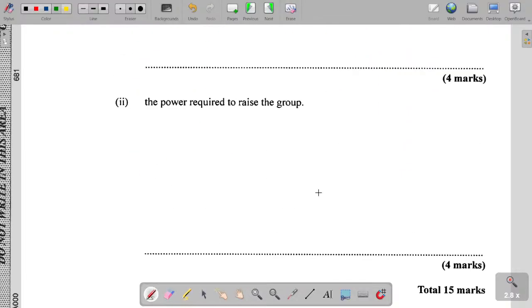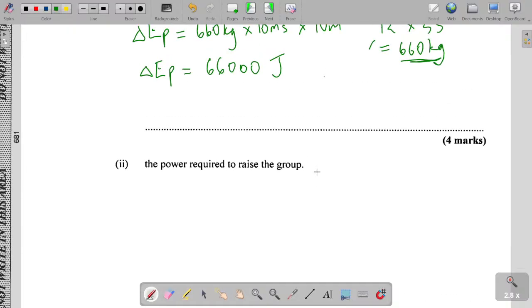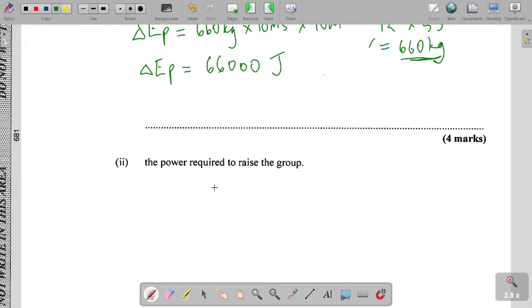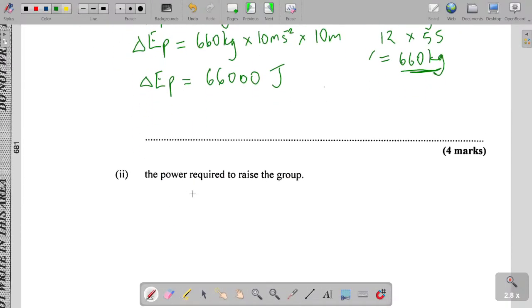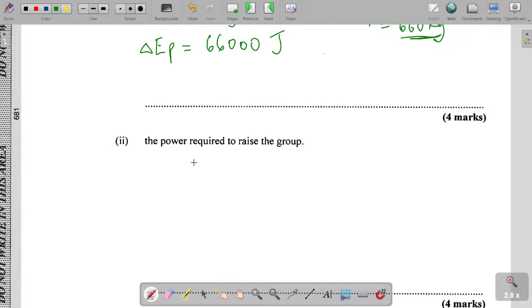Alright, moving on. Now we're asked to find the power required to raise the group, right? Now another formula for power, so now we're not dealing with circuits, but we're dealing with a group of persons being lifted through a height. So another formula for power here would be equal to the work done, or energy, divided by time.